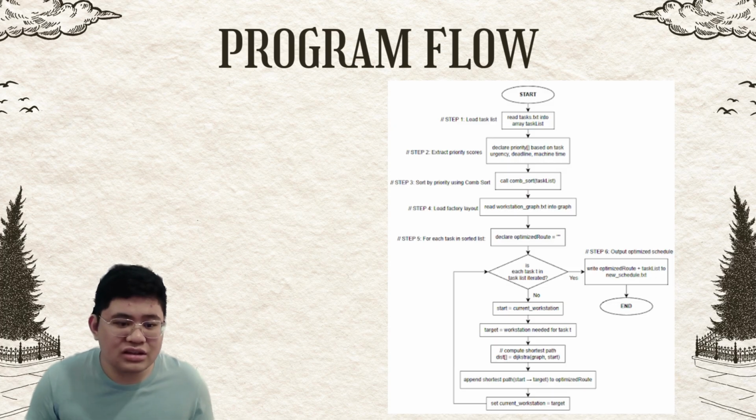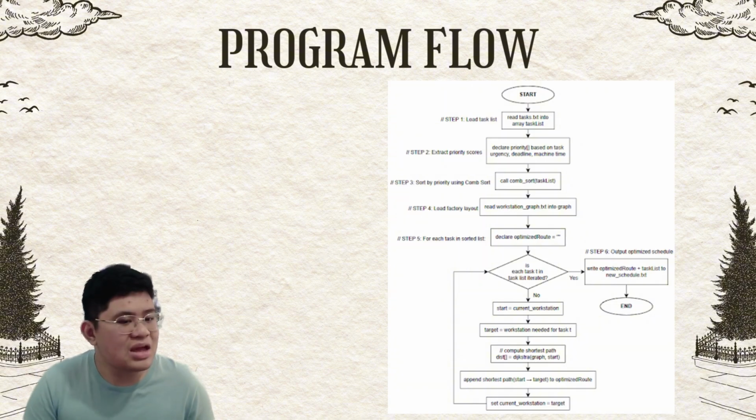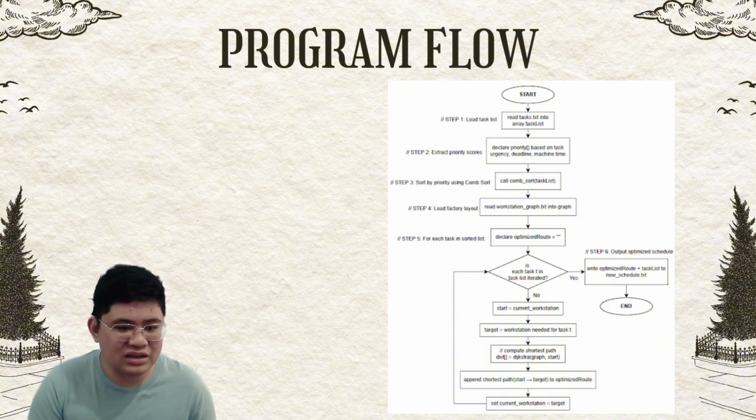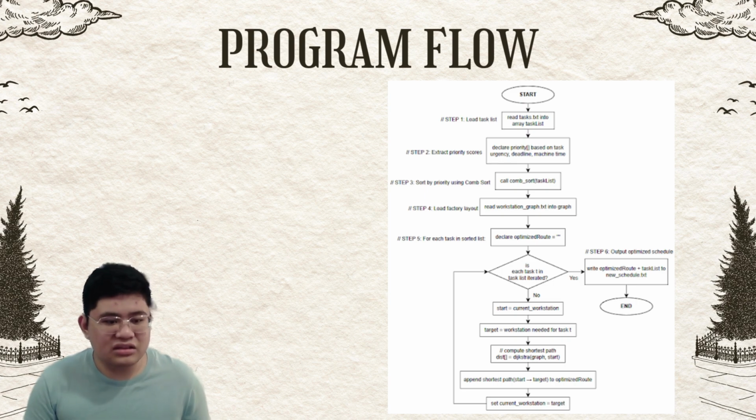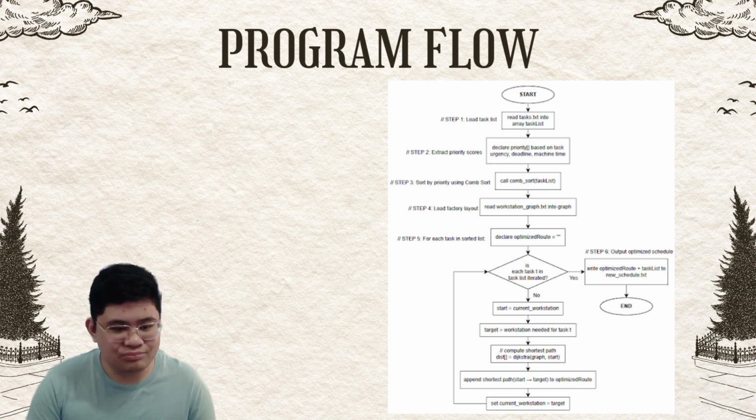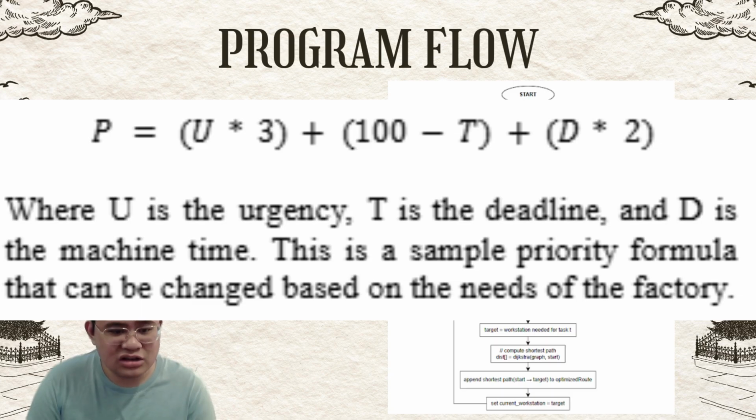Once the tasks are loaded, the program calculates a priority score for each task. Priority is determined using a weighted formula that considers urgency, deadline, and machine time. In our implementation, this is the formula: priority equals urgency multiplied by 3, plus 100 subtracted from the deadline, plus machine time multiplied by 2.